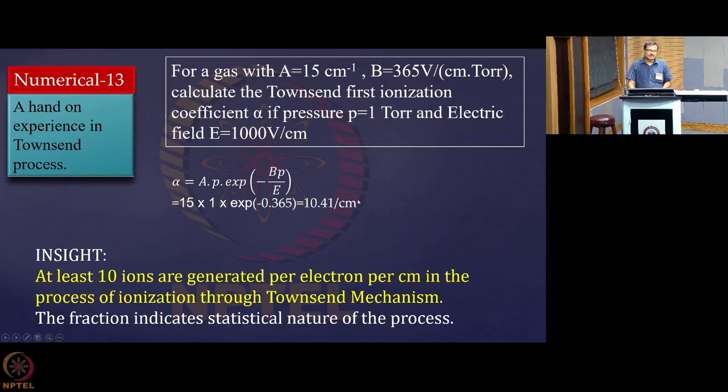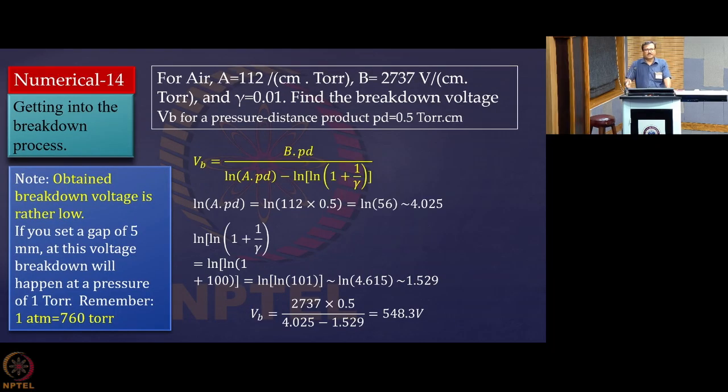So this also signifies the statistical nature of the problem. From this problem in this tutorial, we understand how many electrons can be generated per electron if it proceeds by 1 centimeter. So we remember that. Then we come to another problem.